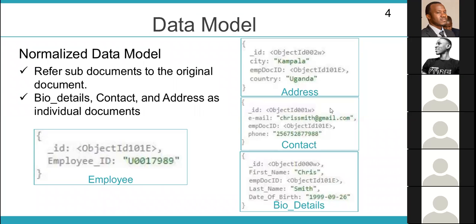Please bear with me. But as long as you have the main document here and these other documents have been referred to the main document with this key of the employee ID, if you look at the address and the contact and the bio details, then you can always retrieve this data too. So these are the two data models. We have the embedded one and the normalized one.